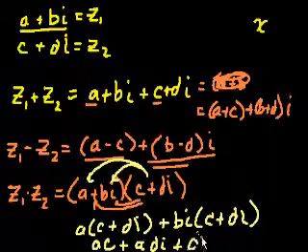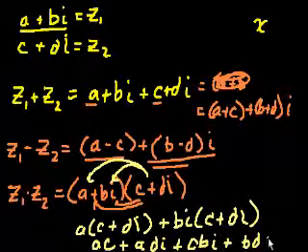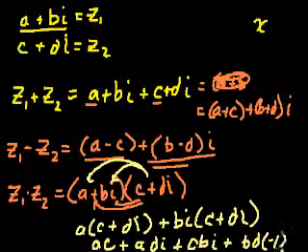Well, that's c bi. And then we have bi times di. So you get b times d, which is bd. And then what's i times i? It's i squared, or negative 1, right? Times negative 1.